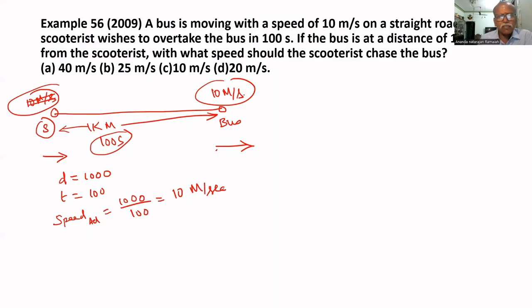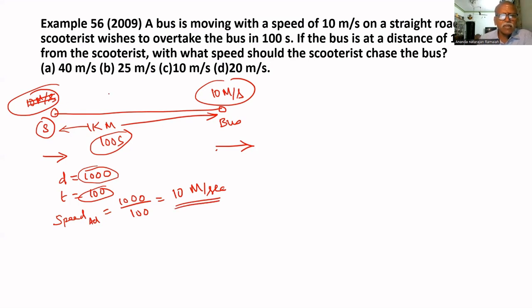Bus speed is 10 meter per second. The additional speed required is for 1000 meters, that is 1 kilometer. Time he wants to overtake the bus is 100 seconds, therefore 1000 divided by 100, that is 10 meter per second, is the additional speed required to overtake the bus.